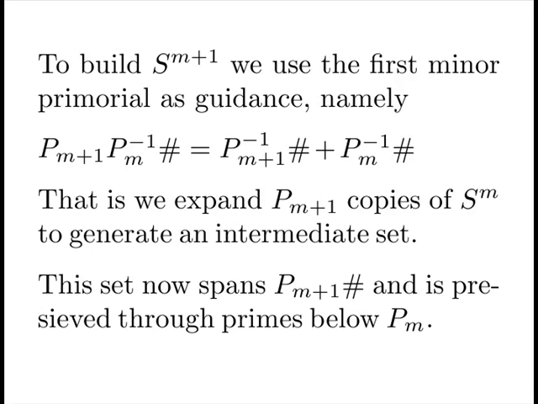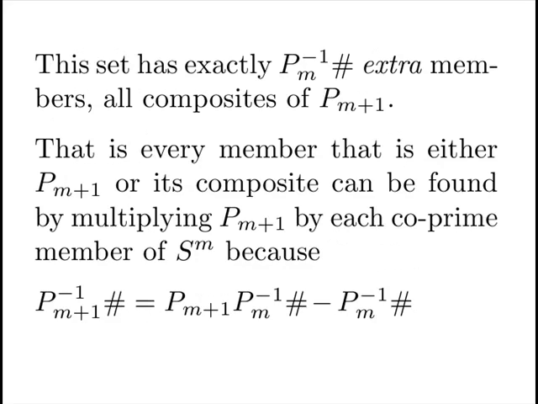That is, we expand our next prime number copies of our current gap set to generate an intermediate set. This set now spans our next primorial, and is presieved through primes below our current prime number. This set has exactly our current first minor primorial extra members, all composites of our next prime number.